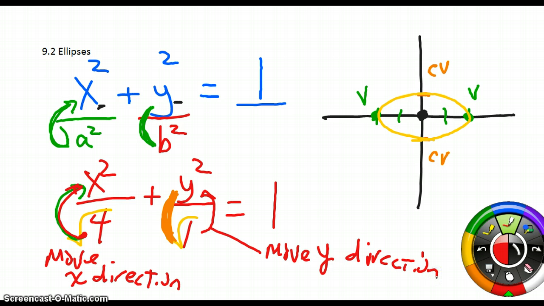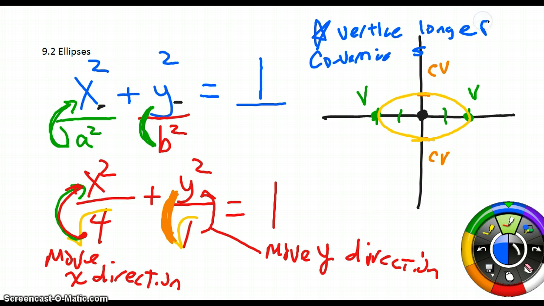Make a further note, the vertices are always the longer side, and the covertices are always the shorter side. So again, take a minute, make sure that your notes have all this information in it. And I'll give you another example and ask you to draw it.